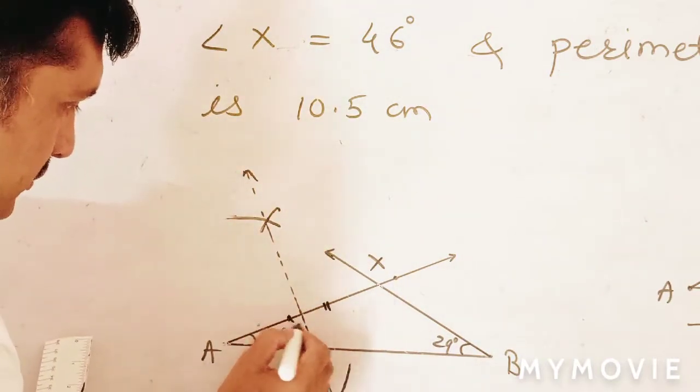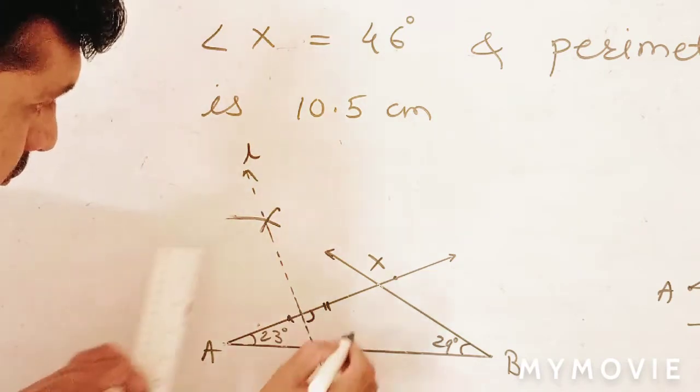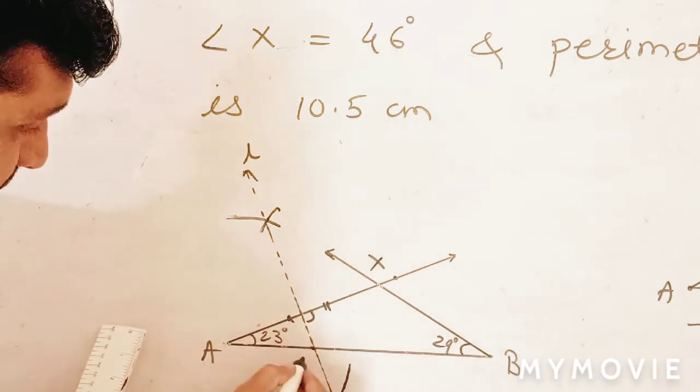Here perpendicular, identical mark, line L we can give, and this point we get intersection of line L and XA. This is Y point.